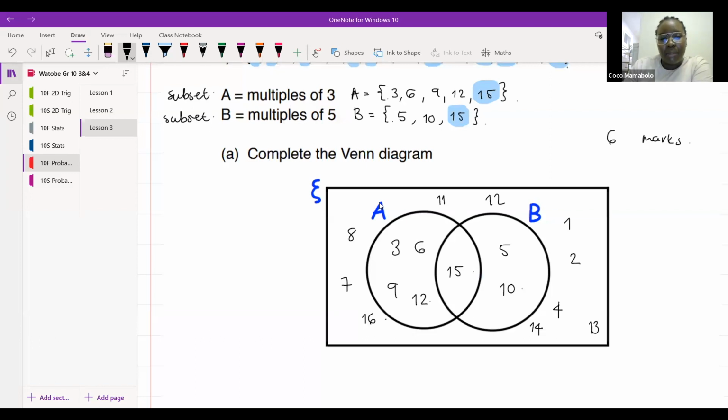If you make a mistake here or there, they'll probably deduct a mark. Or they might say 1 mark for the intersection, 1 mark for each subset, 1 mark for the numbers on the outside, and 1 mark for method, for putting the whole thing together correctly. So maybe 5 marks, maybe not 6. But it will depend on the criteria that your teacher has set.